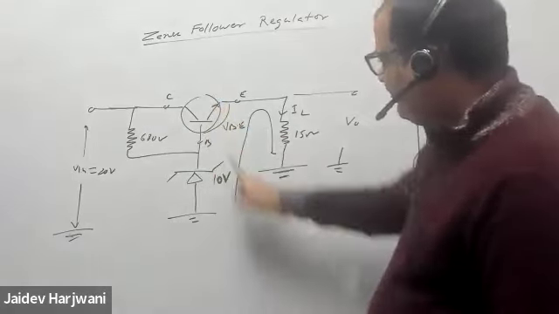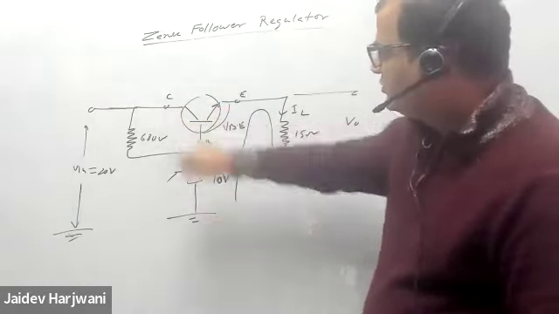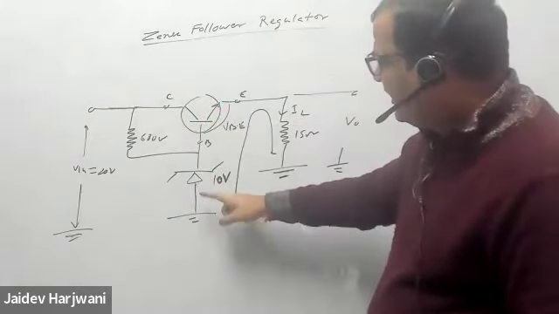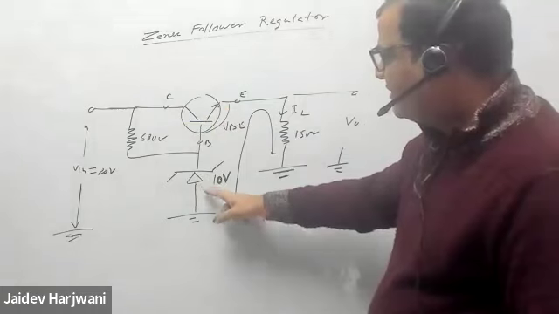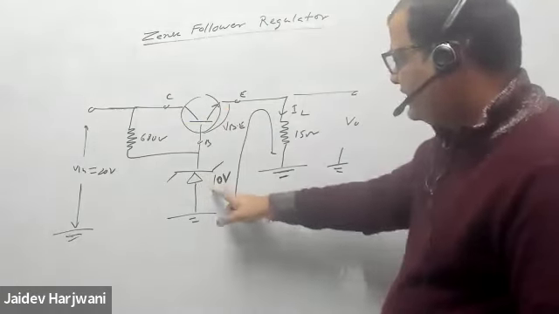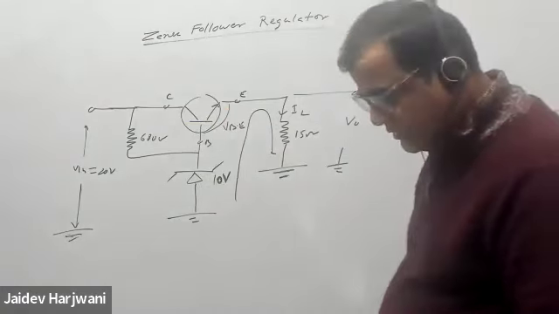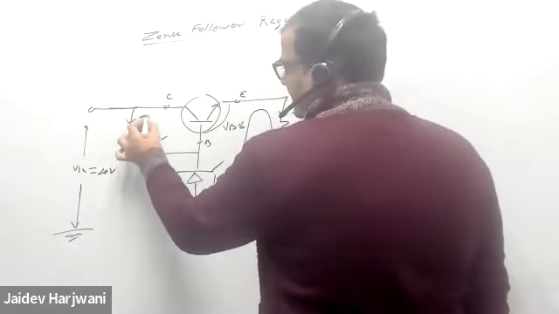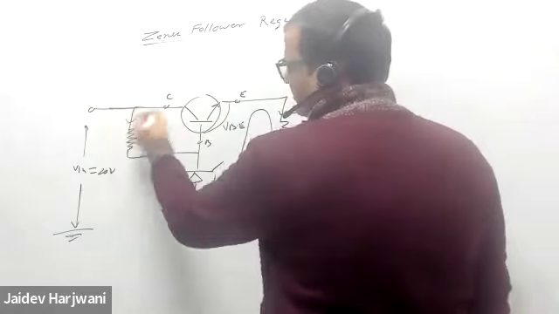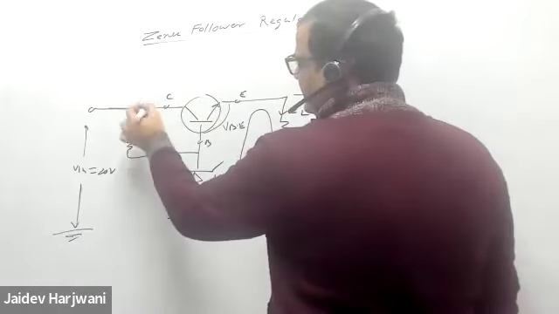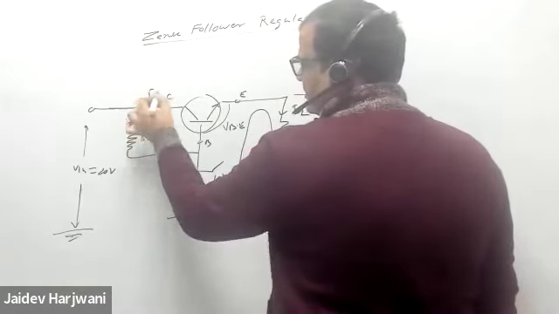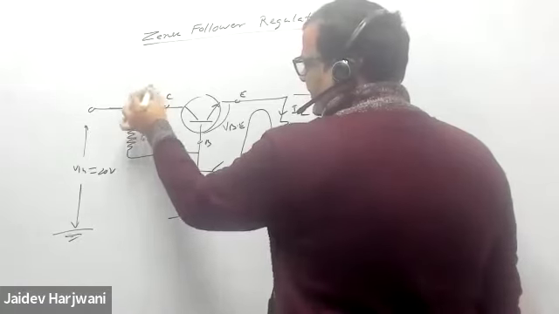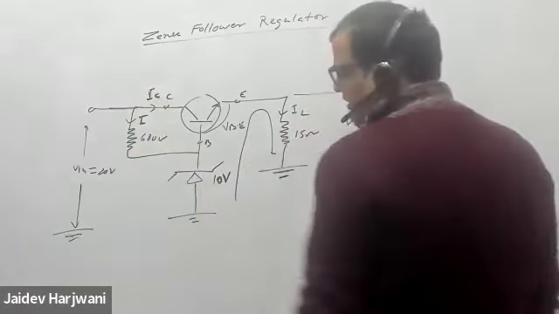If you know IB and IC, you can also find what current is coming here, in this Zener diode. So let us say a current I is flowing in this circuit. Of course, IC is also there, and then I is coming here in this circuit.